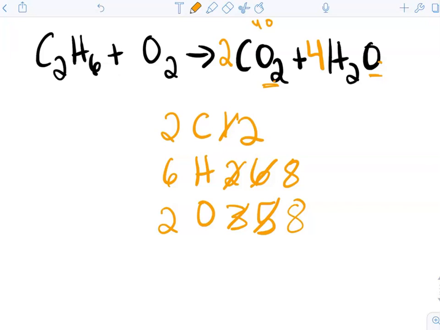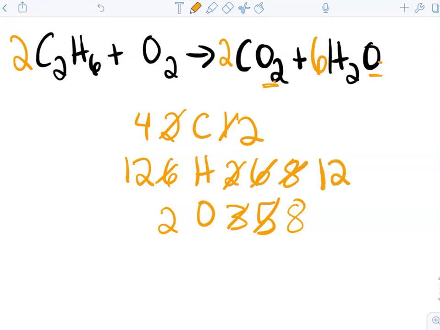So what I'm going to do is put a 2 here. 2 times 2 is going to give me 4 carbons, 12 hydrogens. Now I can come over to this side and put a 6 here. 6 times 2 is going to give me 12 hydrogens, and then I'm going to have 6 oxygens here. So 6 plus these here would get me to 10.